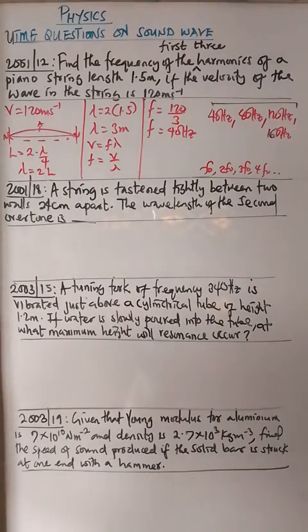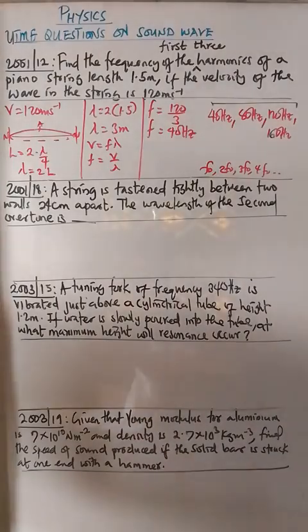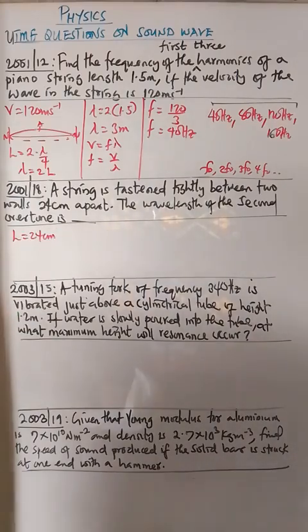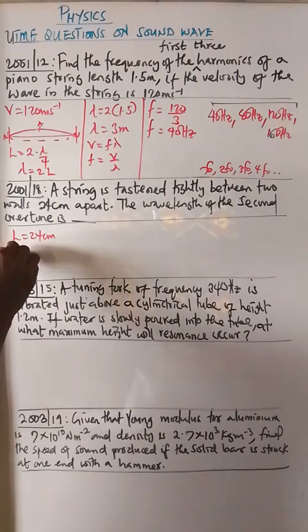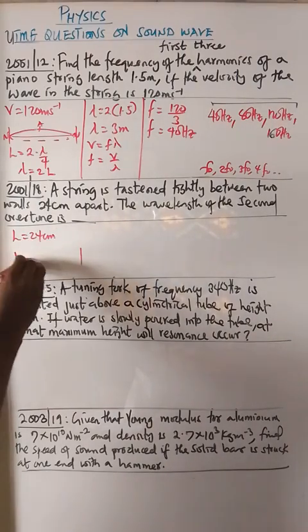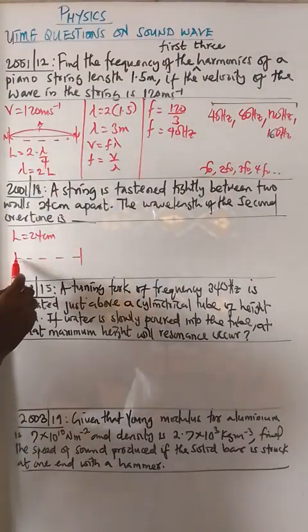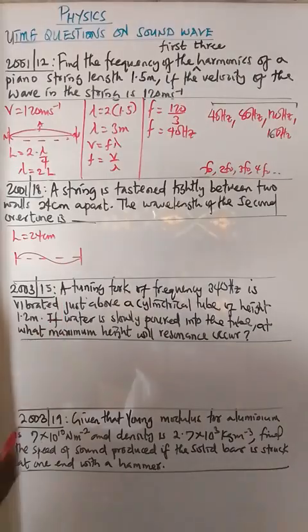Next, a string is fastened tightly between 2 walls, 24 centimeters apart. That's the length. Find the wavelength of the second overtone. Let's say this is the one. So this is the fundamental note. This will be the first overtone.